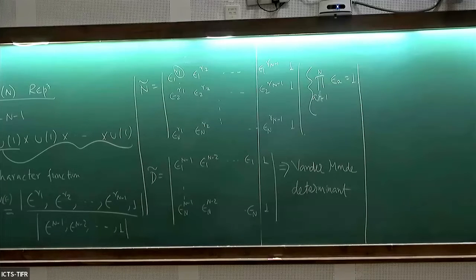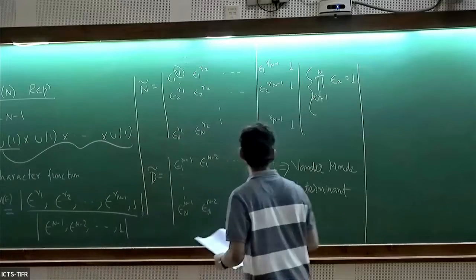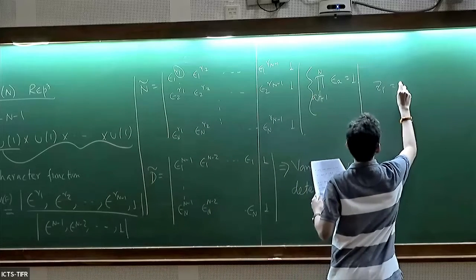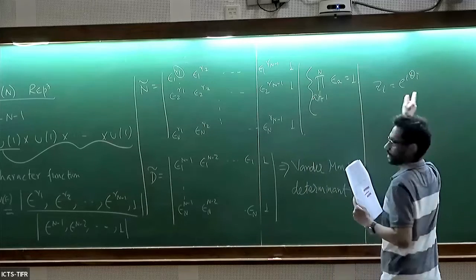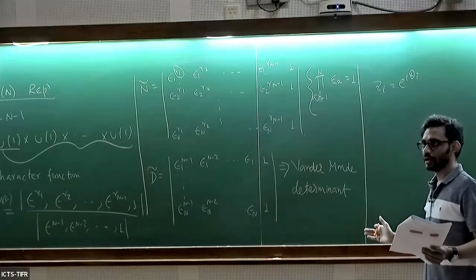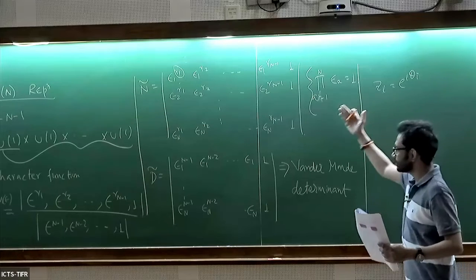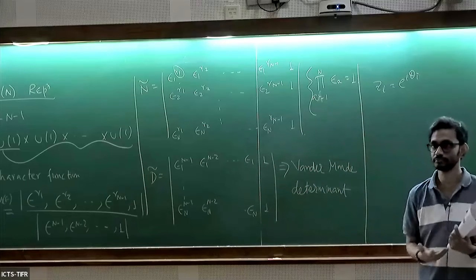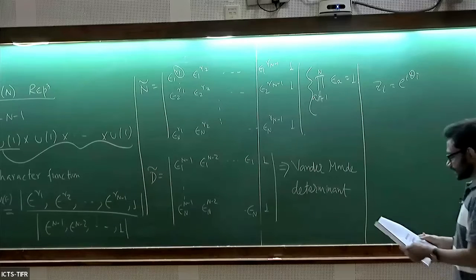So I should have z_1 to z_{n-1} variables, where z_i is e to the power i theta_i, with i running from 1 to n minus 1 for SU(N). Then I should give you the prescription for how these z_i's and these epsilon_i's are related to each other. That means I have to perform a change of basis, right? So how do you do that?